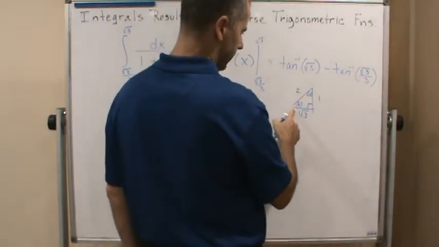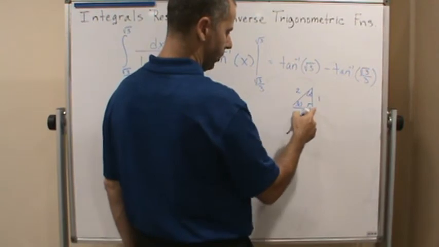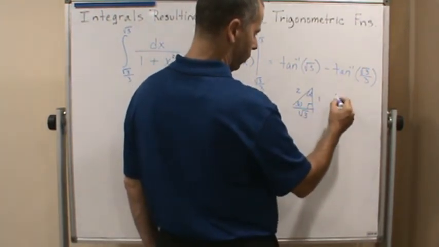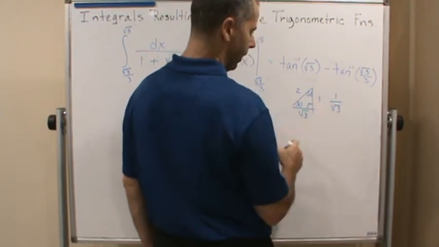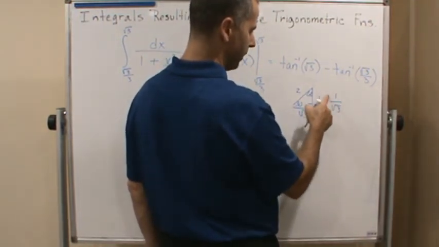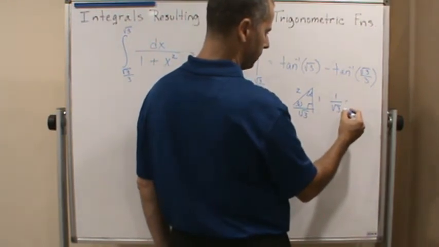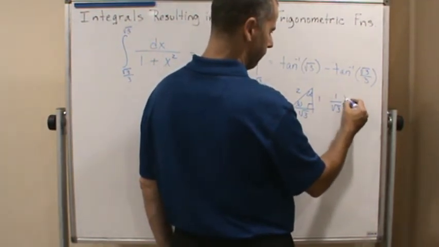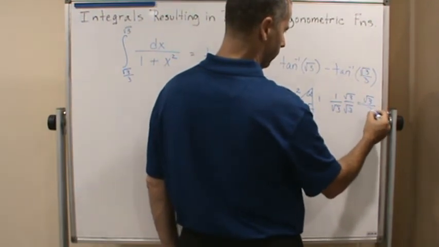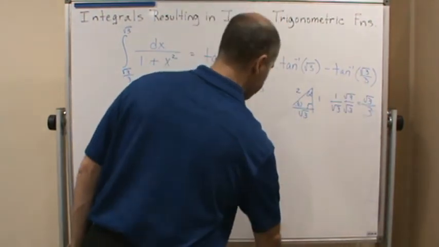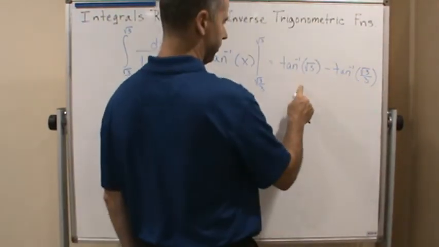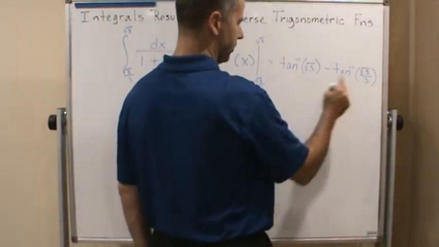If we're dealing with 30, it's opposite over adjacent, which would be 1 over the square root of 3, but we don't want the square root of 3 here. We're going to rationalize the top and the bottom. If we multiply the top and the bottom by the square root of 3, we get the square root of 3 over 3. And so that tells us we're dealing with a 30-degree angle.